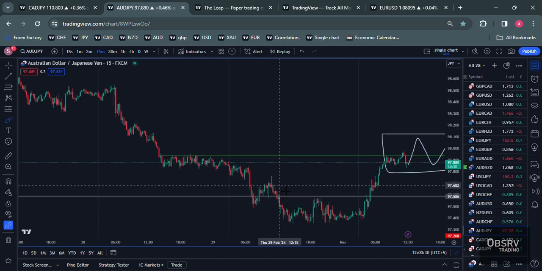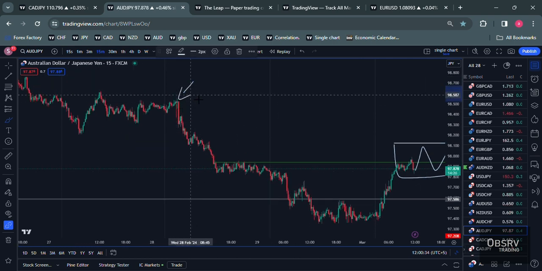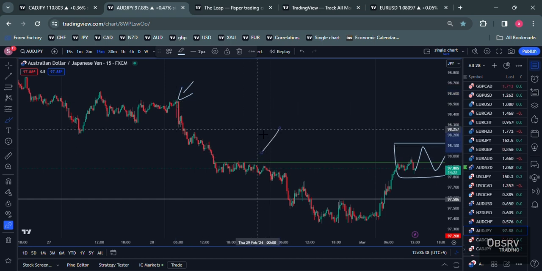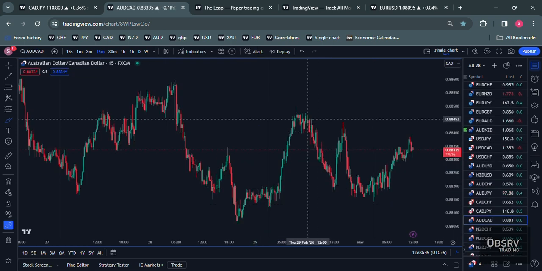Aussie yen was kind of different because of the yen strength that came in with yen CPI during Asia. So, you know, nothing a lot to it. And Aussie CAD, I personally do not like to trade Aussie CAD because it's both the commodity currencies, Aussie and CAD. I don't like to trade them together.